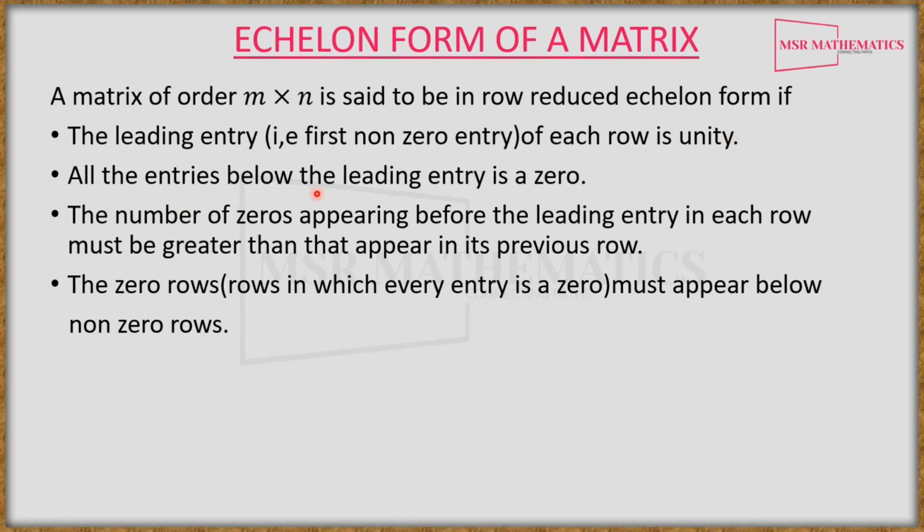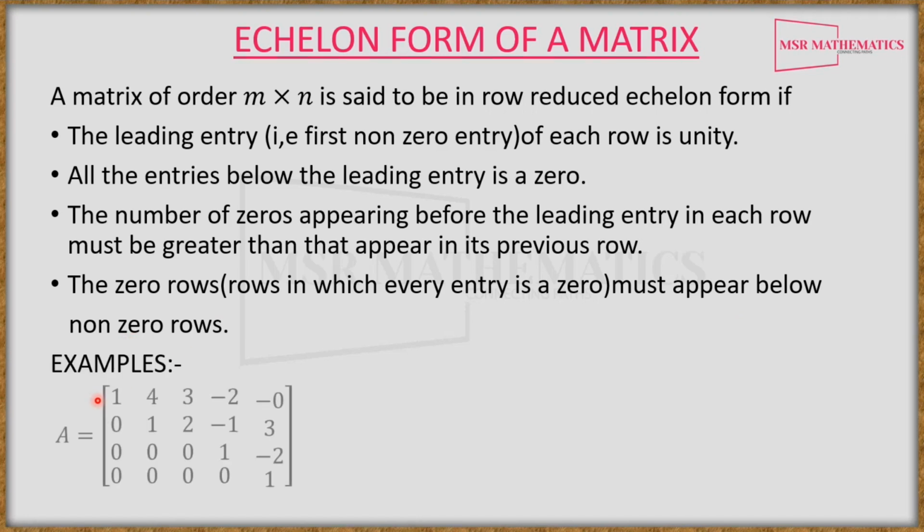All the entries below the leading entry are 0. Here we'll take the first entry as 1. Next, all the entries below this leading entry must be equal to 0. Next condition, the number of zeros appearing before the leading entry in each row must be greater than that appearing in its previous row. Fourth property is zero rows must appear below non-zero rows.